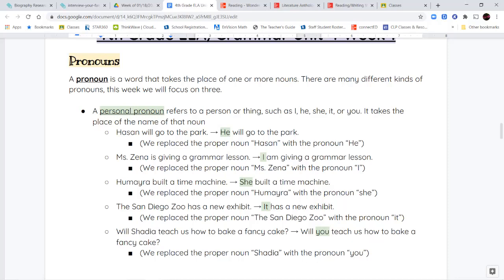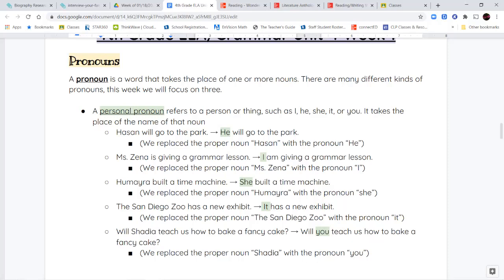If I say Humaira built a time machine, I can change that and say she built a time machine. So I'm replacing the name Humaira with the pronoun she. I took out the proper noun and replaced it with the pronoun. If I say the San Diego Zoo has a new exhibit, I can say it has a new exhibit.